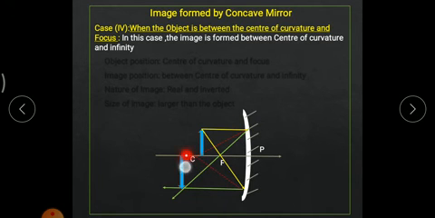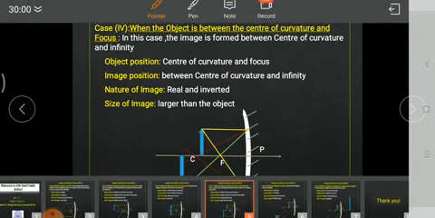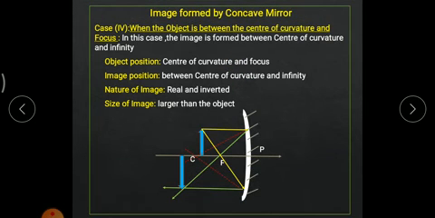Again a normal is drawn on this incident light ray and reflected light ray, which meets at the center of curvature. So what we have obtained from case number 4: whenever the object is between the center of curvature and focus, the image would be obtained between the center of curvature and infinite distance. The image is always real and inverted, and it is larger than the object.